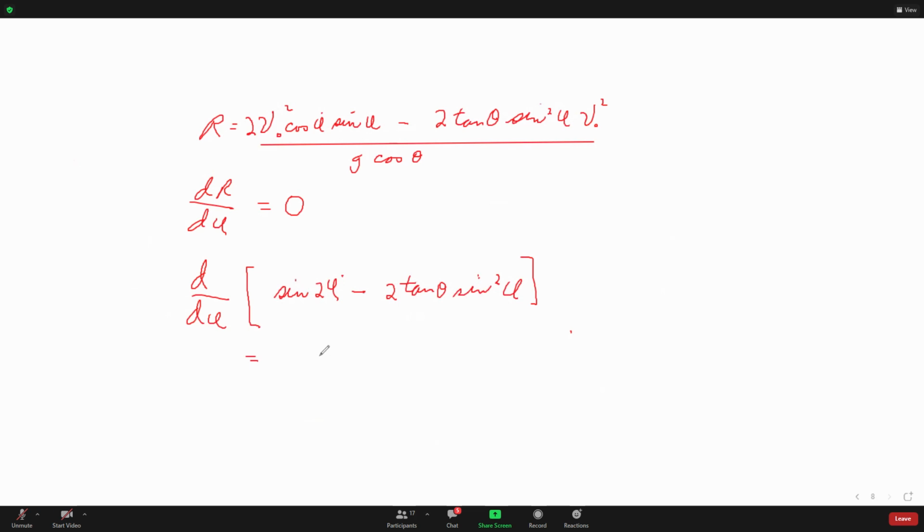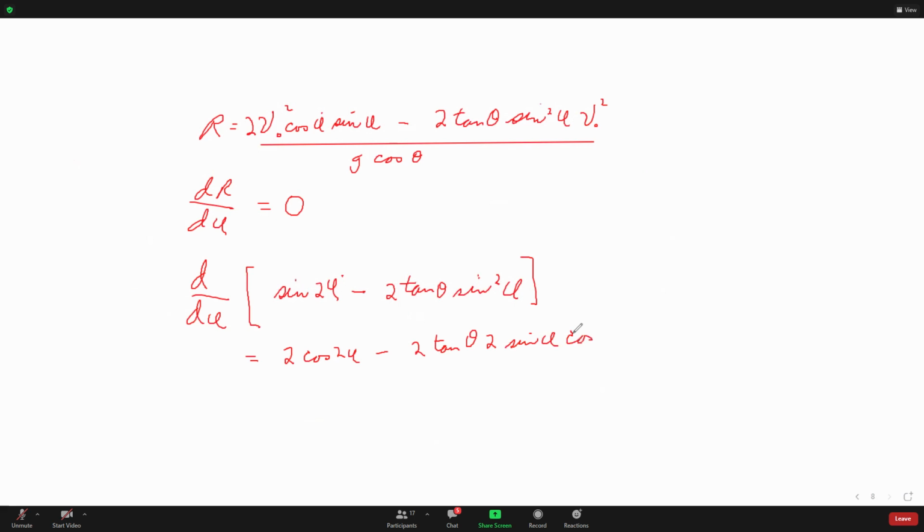It would be, wait, 2 cosine 2 phi. Okay, minus 2 tan theta times 2, right, sine phi cosine phi.